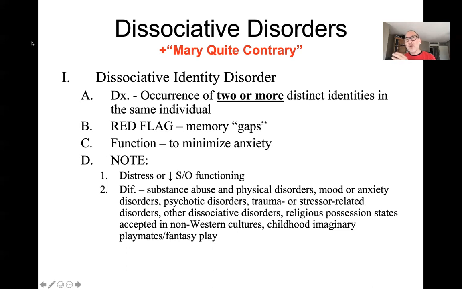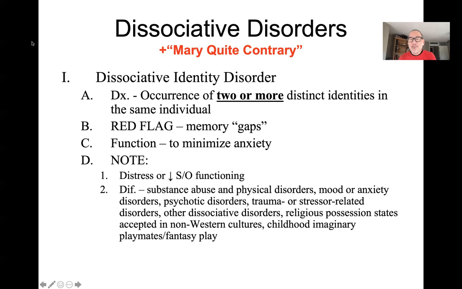So in the case of Mary Quite Contrary, who's very people-pleasing, taking care of people, non-confrontational, the idea is that to be confrontational, to assert herself, would instill so much anxiety that she needed Marion, the more feisty personality.